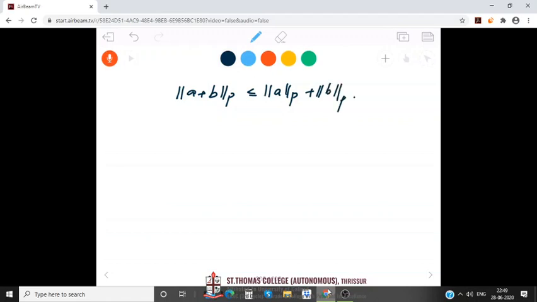This is Minkowski inequality. Minkowski's inequality.